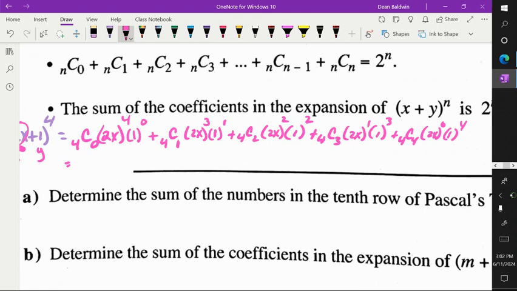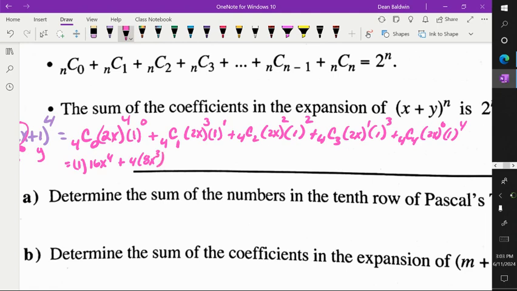So 4 choose 0 is 1. 2 to the 4th is 16. That's 16x to the 4. 1 to the 0 is whatever. 4 choose 1 is 4. 2 cubed is 8, so it's 8x cubed.